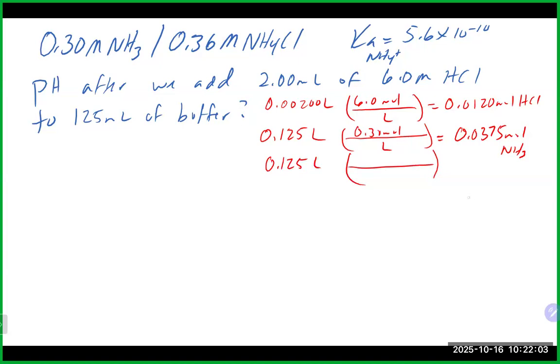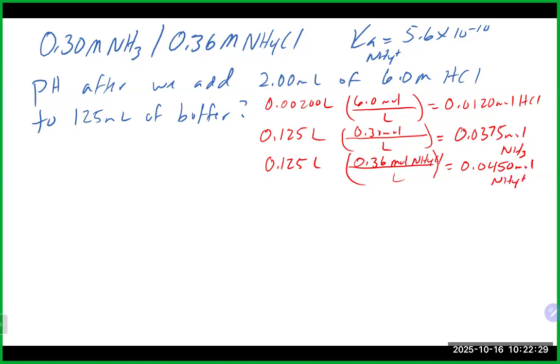So also 0.125 for our other part of our buffer, which is the ammonium chloride. That's going to get us 0.125 times 0.36, 0.045 moles of our ammonium chloride.